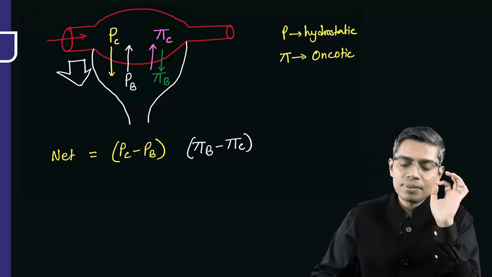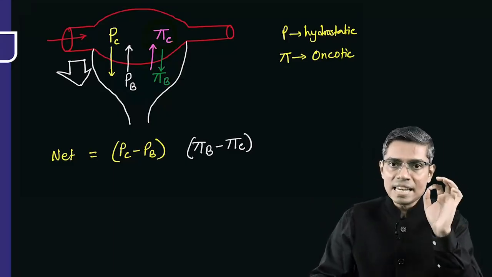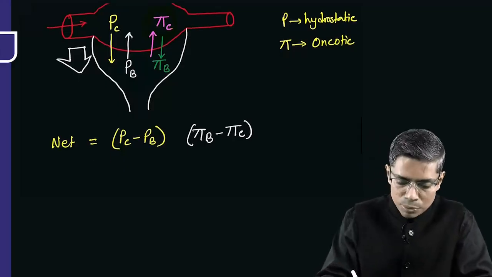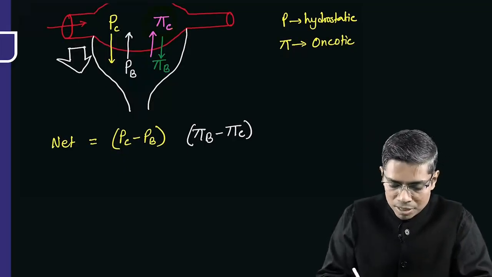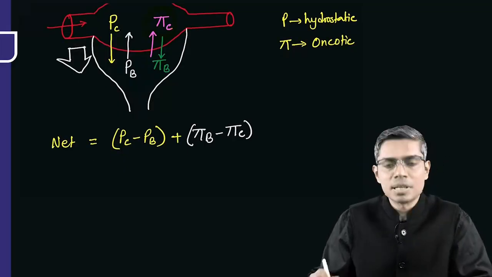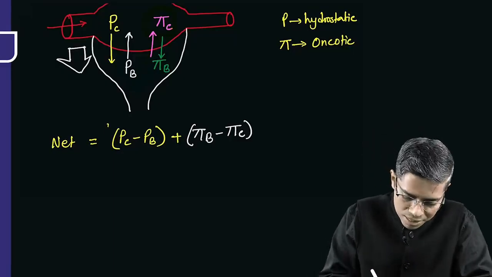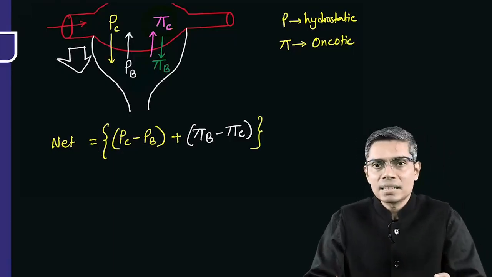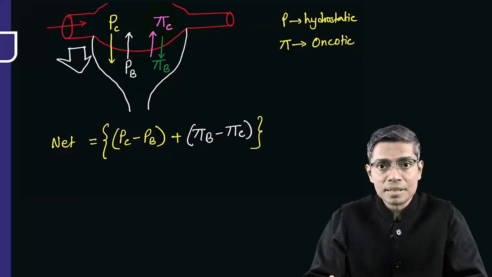So now, if I ask you, what is the net force at the level of glomerular capillary? You will say that it is a combination of hydrostatic pressure plus oncotic pressure. So this is the total net force which is acting at the level of glomerular capillary.